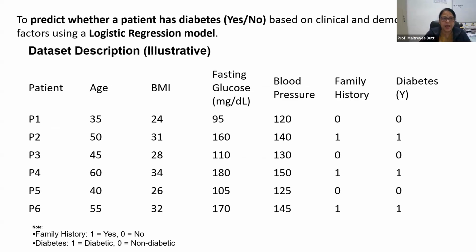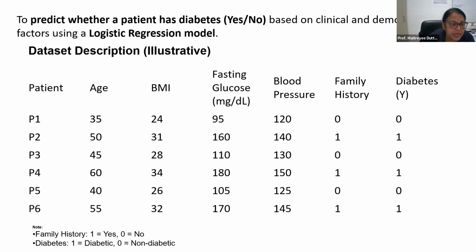So let us take one example. We will understand better with the example. To predict whether a patient has diabetes, yes or no, based on clinical or demographic factors, we have to calculate this with the logistic regression model.